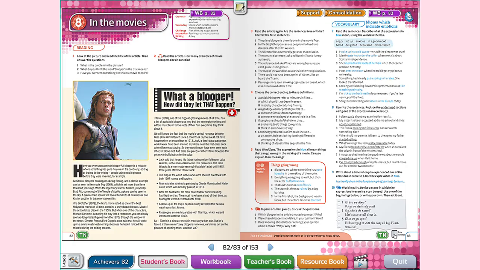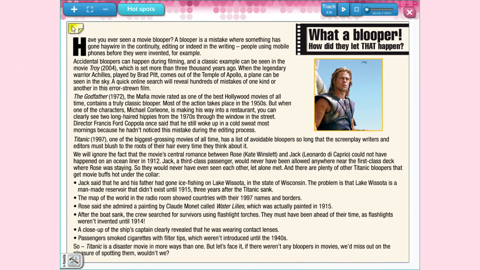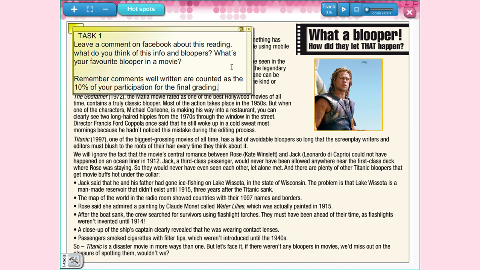So, by the way, before I forget, in this reading, you have to do a task. Task number 1 mentions leave a comment on Facebook about this reading. What do you think of this information about bloopers? Is it what you really thought bloopers were?